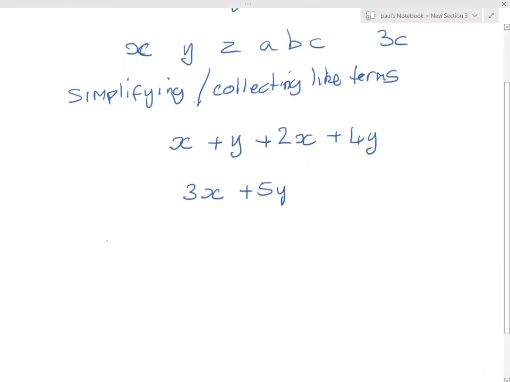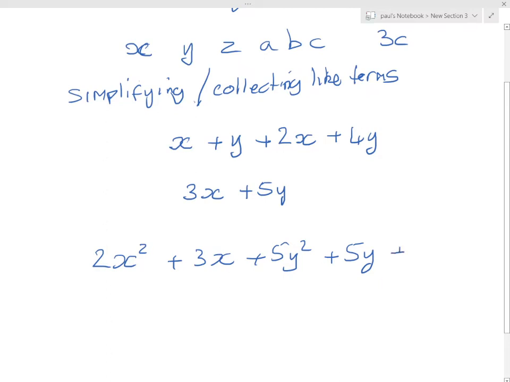Now they've got to be exactly the same. If you have 2x squared plus 3x plus 5y squared plus 5y, there is nothing that is exactly the same as each other here, because although we have x's, these are x squared, so you can't simplify them.